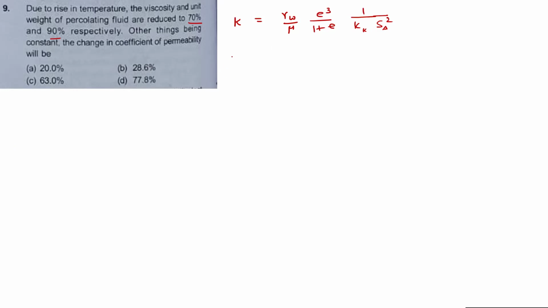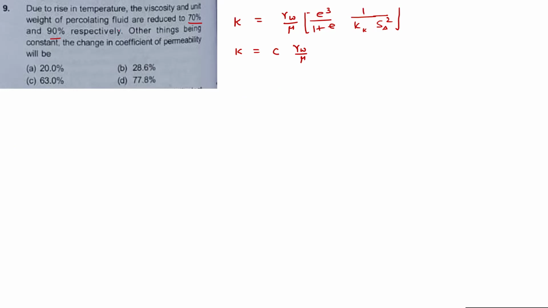If the other things are constant and only gamma W and mu are changing, I take the rest as a constant. So K is some constant C into gamma W by mu.